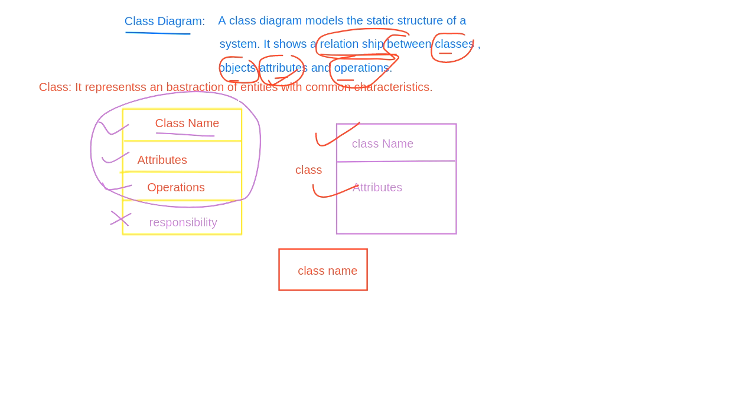First, you can show the class with a class name, attributes, and operations as well. In the second way, you can show the name of the class and also the attributes of the class. And in the third way, you can show only the class name.